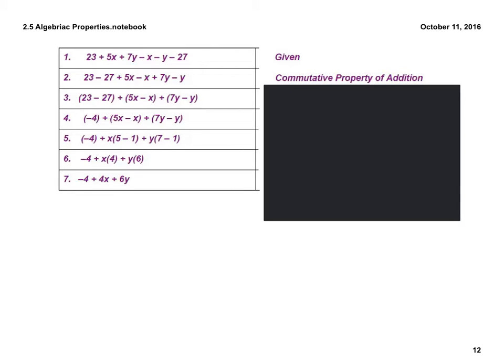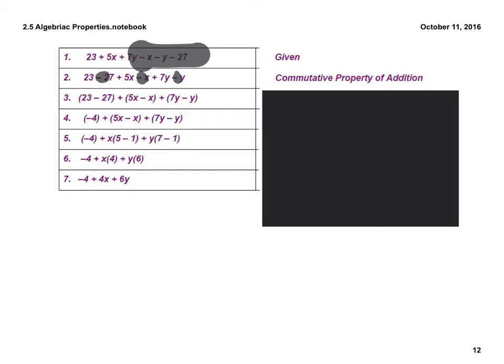And notice we applied this property to subtraction also, being very mindful that the subtractions that are in front of these last terms stayed with those terms. The x is still negative, the y is still negative, and the 27 is still negative. And we can do that because subtraction is really the same thing as adding the opposite.